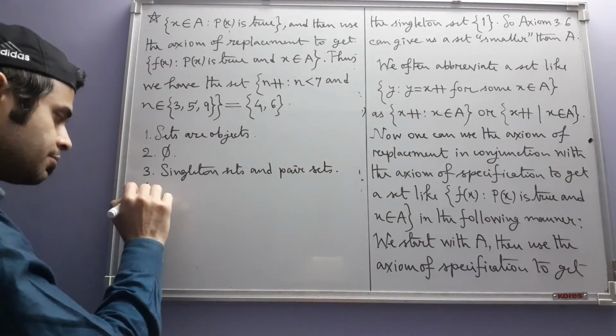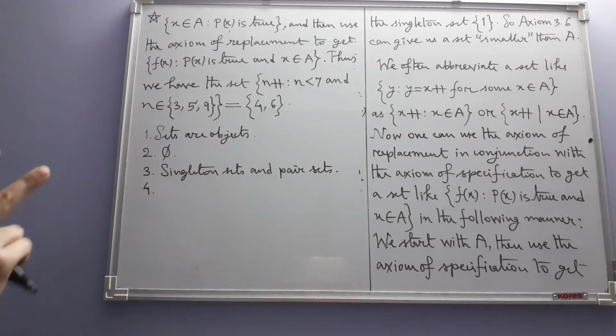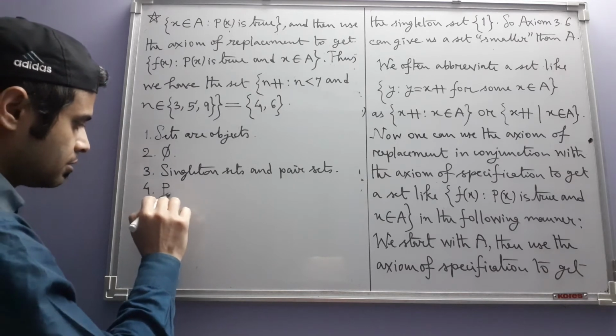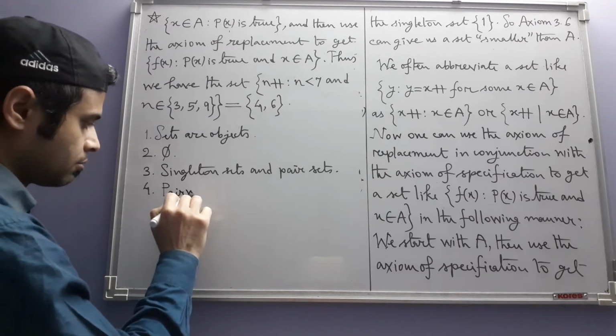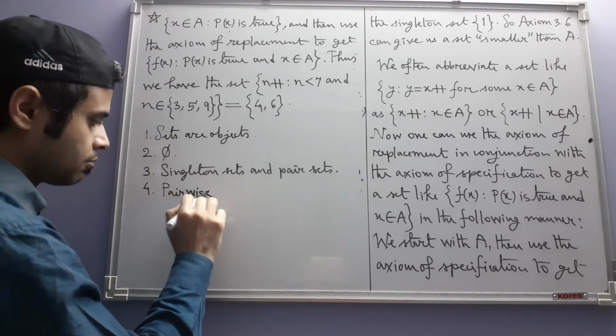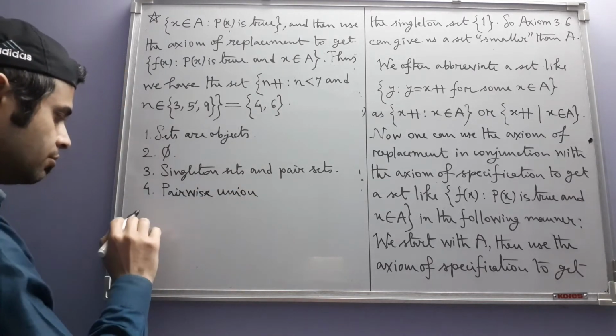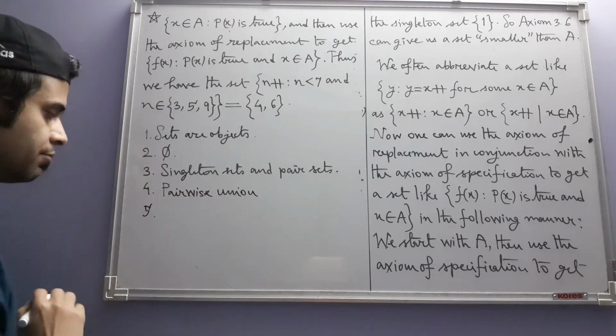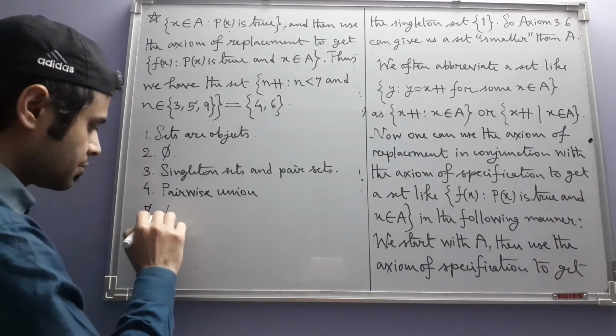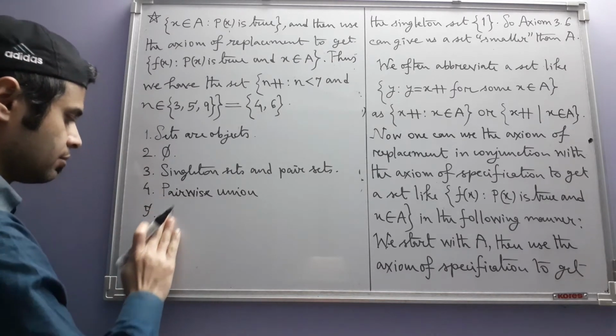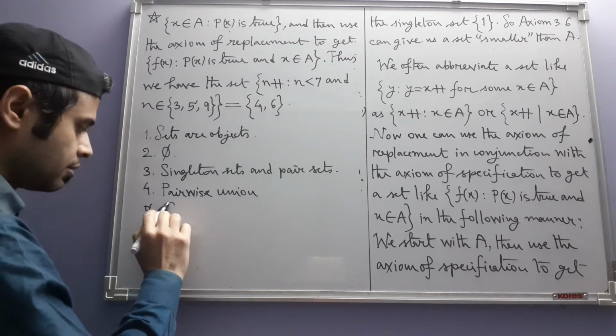The fourth axiom says that if we are given two sets, then there is a set which is known as the pairwise union or the union of them. So it is the axiom of pairwise union. The fifth one, of course, is the axiom of specification.